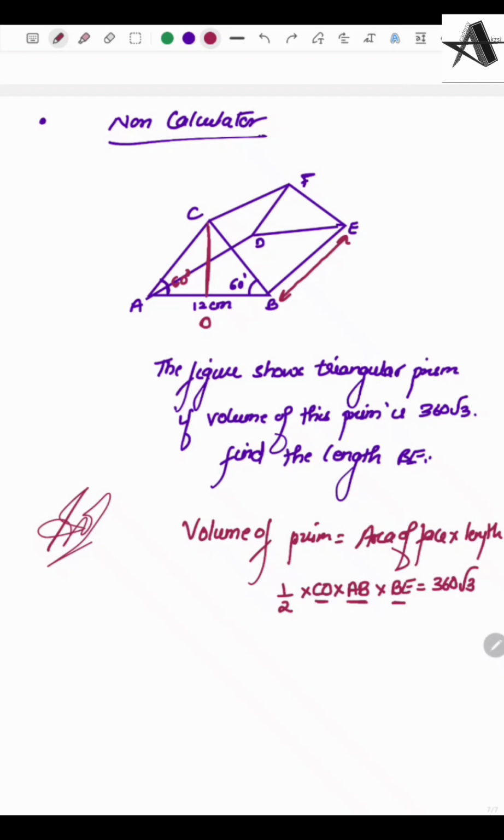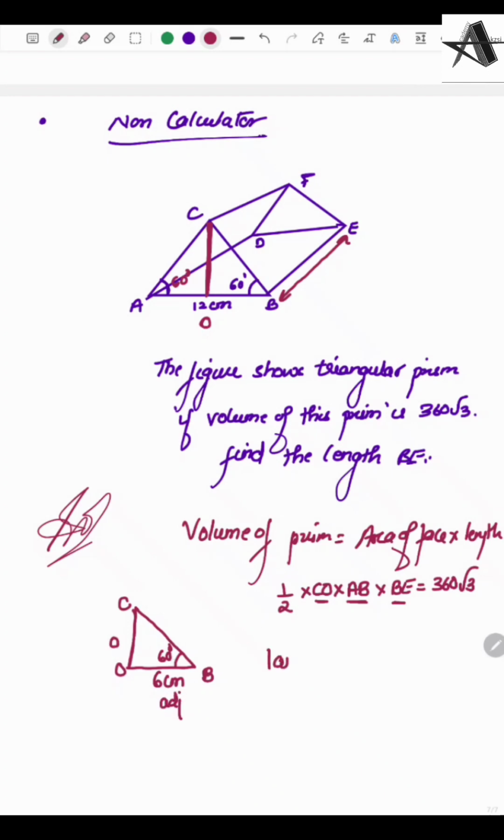So CO. How can I calculate CO? If this is a right triangle, I'm drawing it here. This is COP. This is 6 centimeters. This is 60 degrees. So I can calculate CO. CO is opposite, this is adjacent.